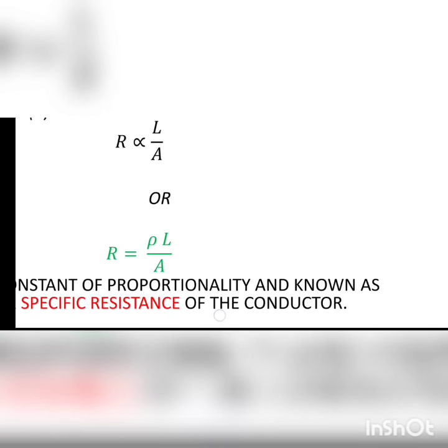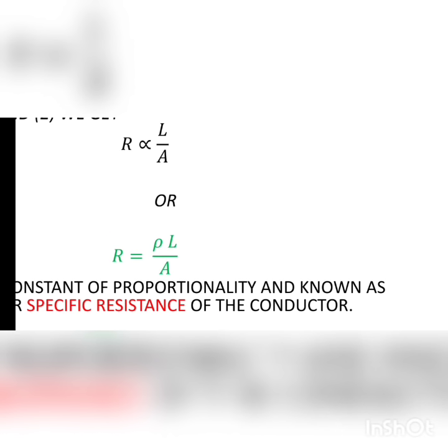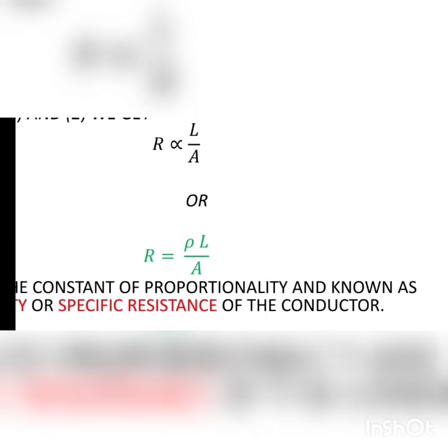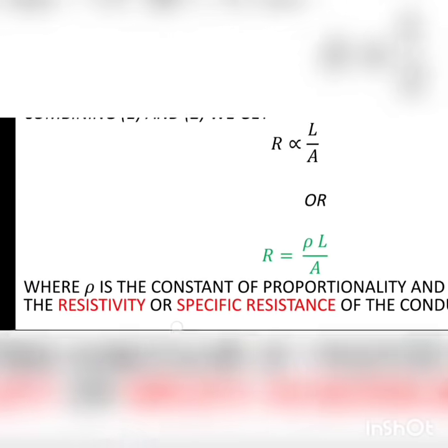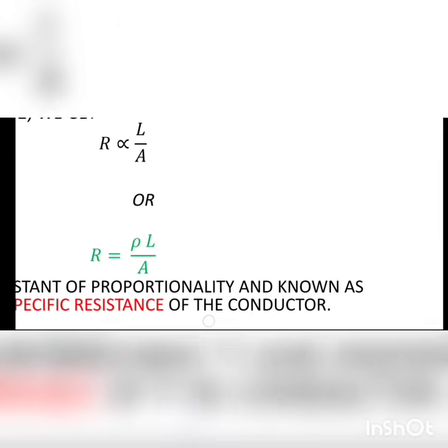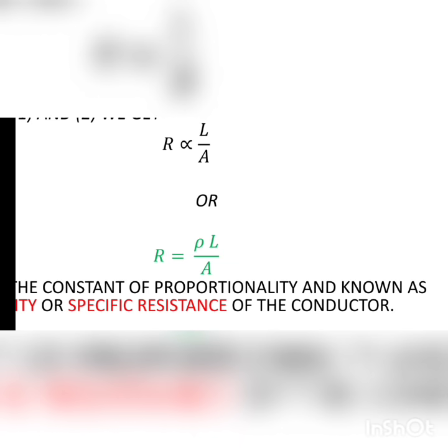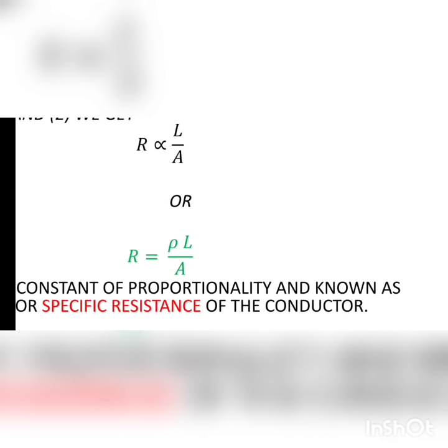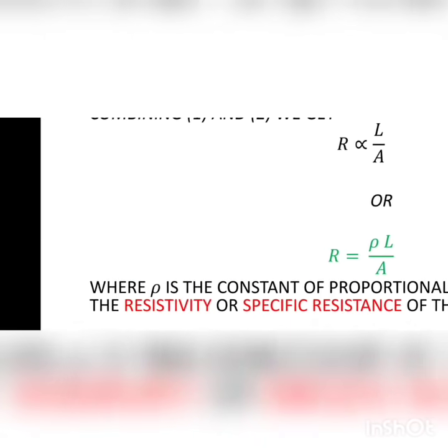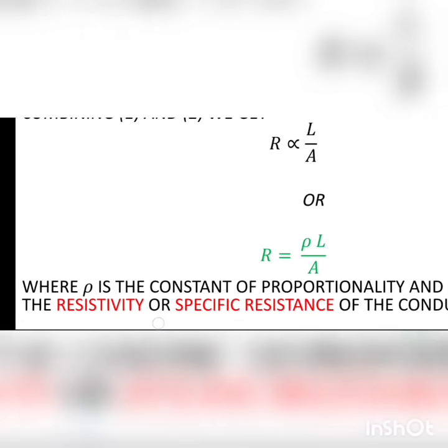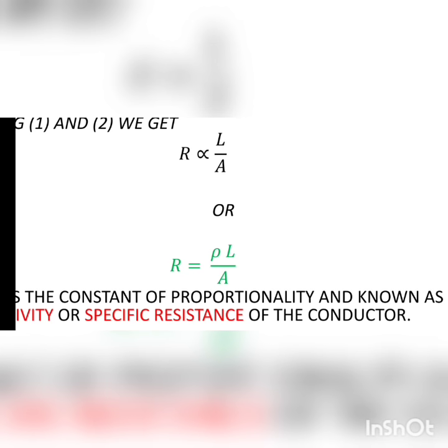This symbol rho you have used for density as well, but here we are using rho for the resistivity or specific resistance of the conductor. So the formula for the resistance of a conductor is R = rho L by A, where rho is known as resistivity or specific resistance. So R depends on the length and area of the conductor. This is the formula according to which resistance varies.